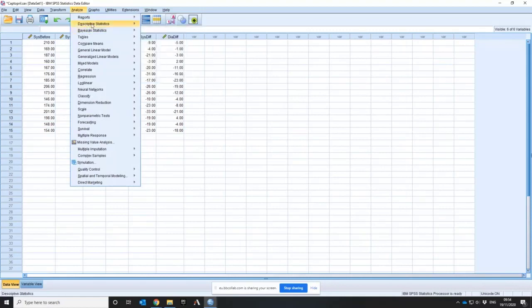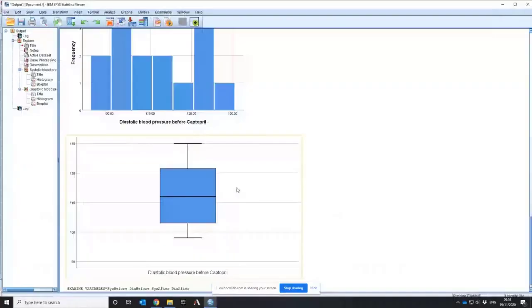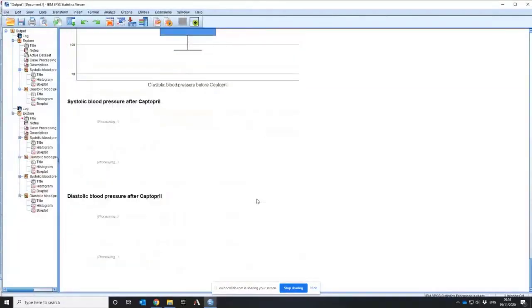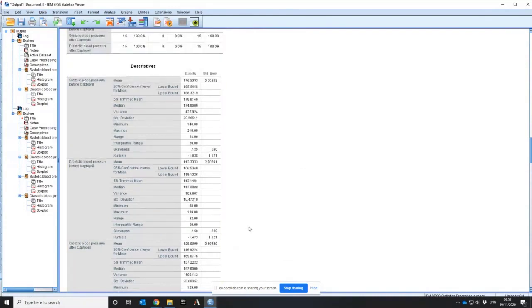So let's do that as well. So now if I go back, after it's 146 to 169, and after it's 96 to 110.